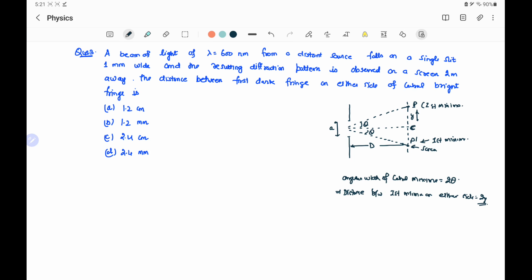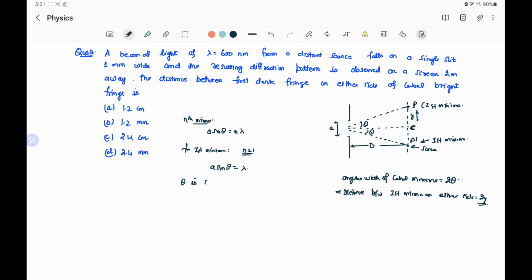So we have to find this 2y. Using the condition for the diffraction pattern formation for nth minima, we know it is a sine theta equal to n lambda, and for the first minima we will use n equal to 1, so a sine theta will be equal to lambda.